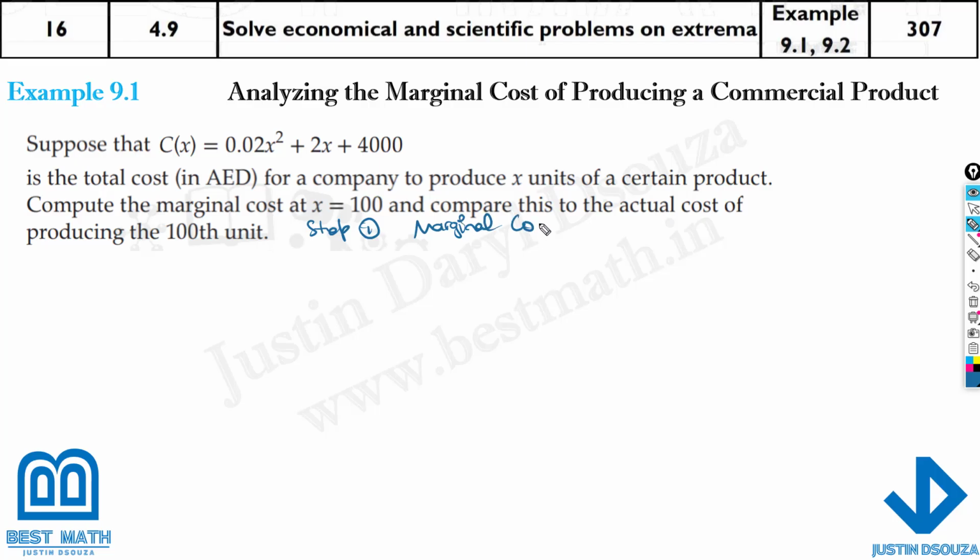What we will do is, the marginal cost is given by the derivative of the total cost function. All we need to do is derive the c dash of x, or c prime, prime means derivative, which will be equal to 0.02 multiplied by 2x, derivative of x squared is 2x, plus 2 plus 0.